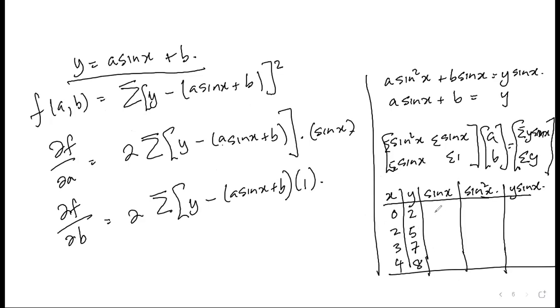So sine of 0 is 0. We have to put the calculator in radian mode.